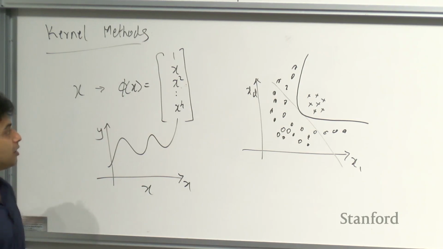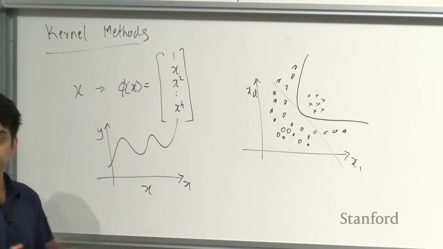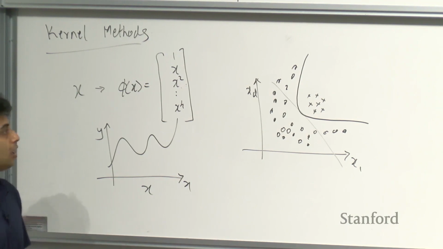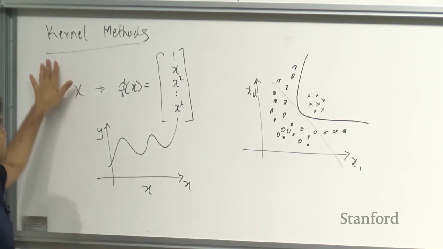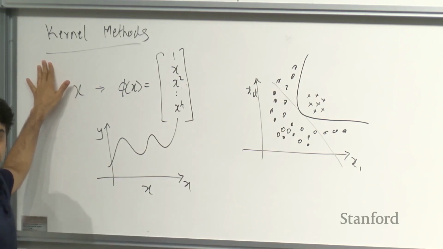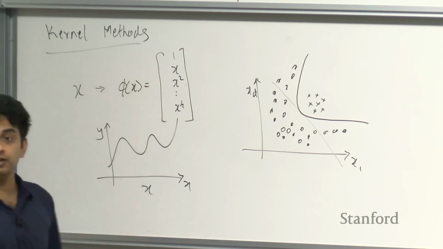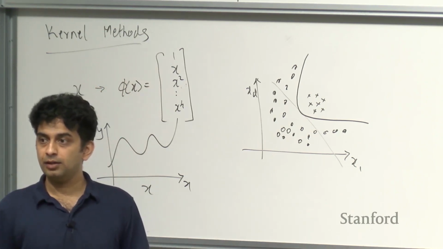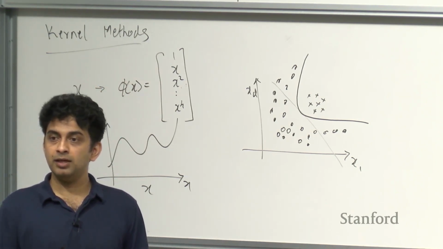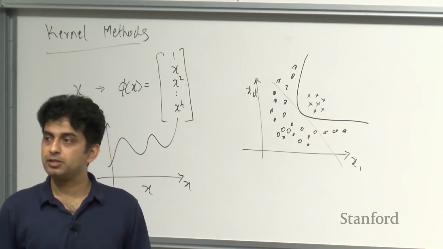It's hard to think of infinite dimensional feature vectors. You cannot even represent it explicitly on a computer. But we will see that with kernel methods, we can actually take an example and map it to a potentially infinite dimensional feature vector and perform our learning algorithm in that infinite dimensional space.